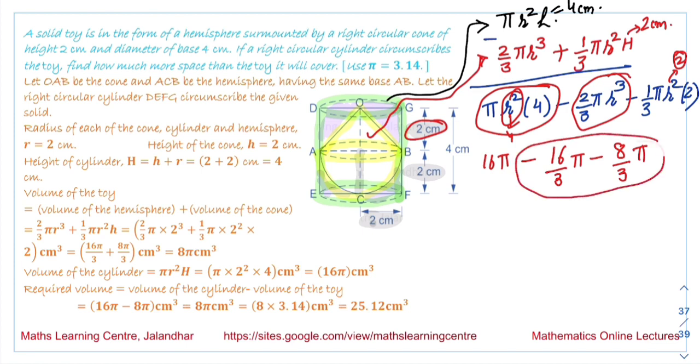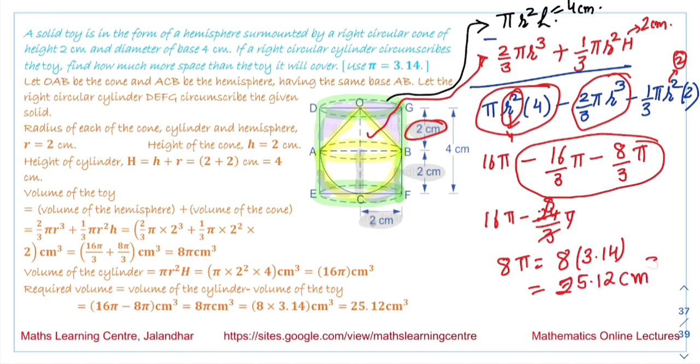So this value comes out to be 16 pi minus 24 by 3 pi, so this is 8 pi. The answer we are left with is 8 pi, that is 8 into 3.14, and the answer comes out to be 25.12 centimeter cube. So this is the amount of space that the toy will cover more when it is surmounted by this right circular cylinder.